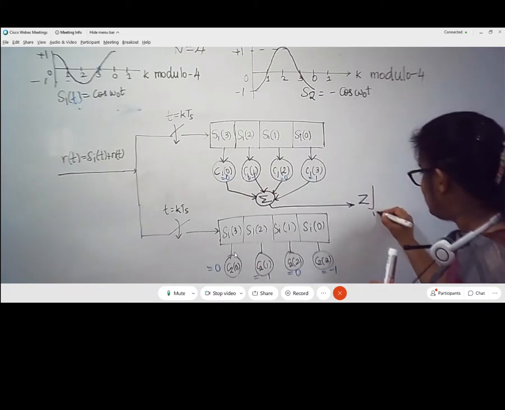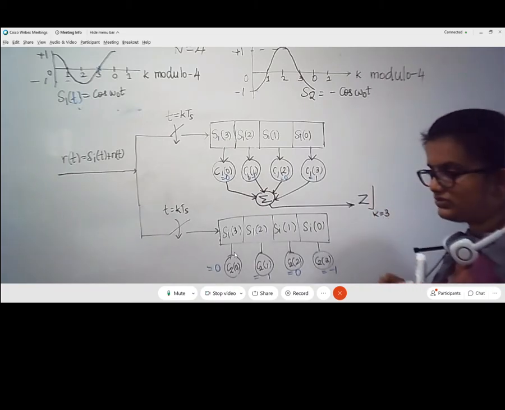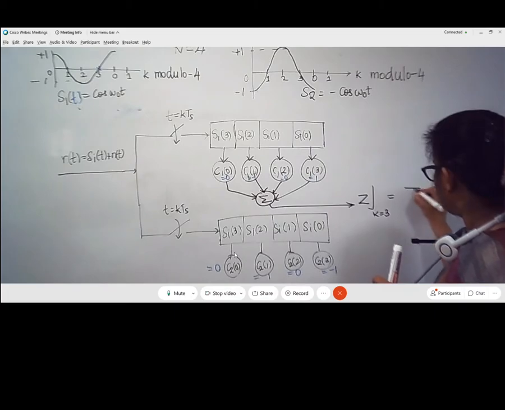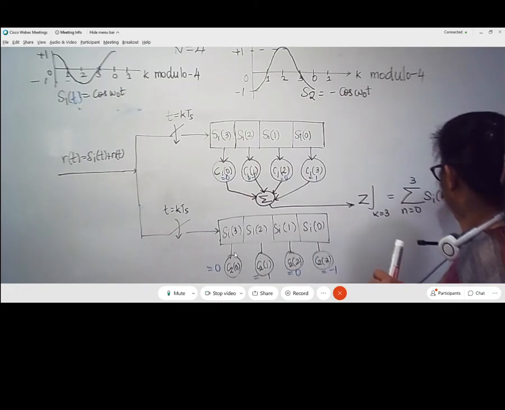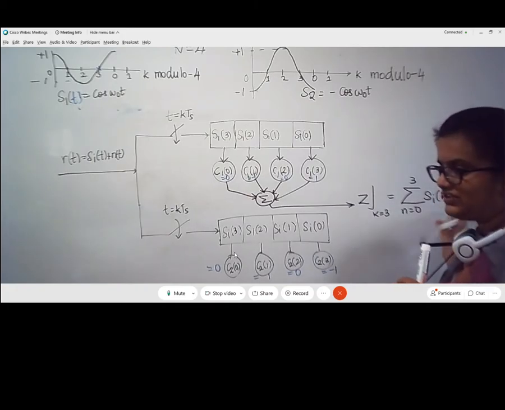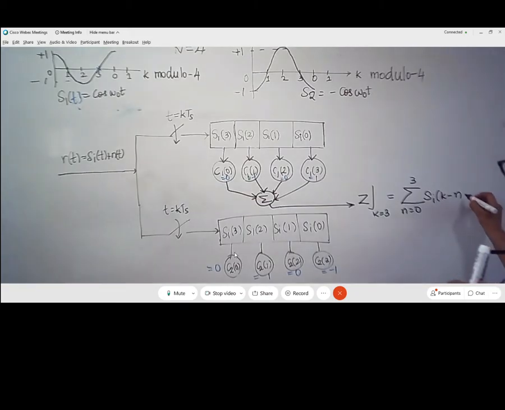So I write this value of Z at k equal to 3, which is equal to summation n running from 0 to 3 of Si of k minus n, with K already fixed at time instance 3, into C1 of n.